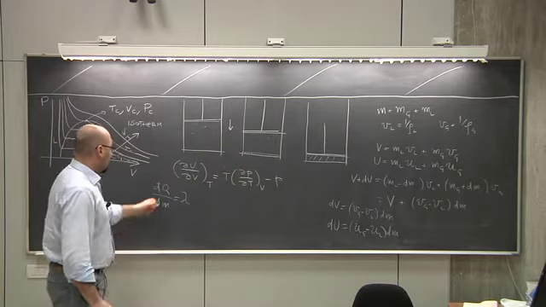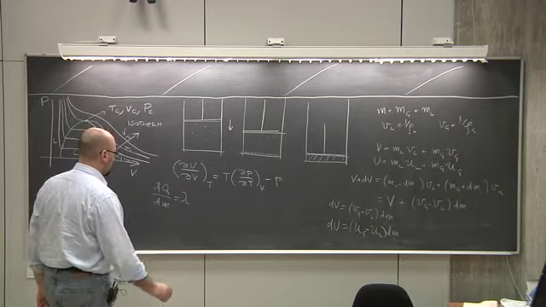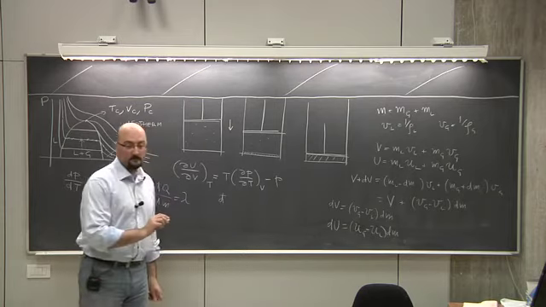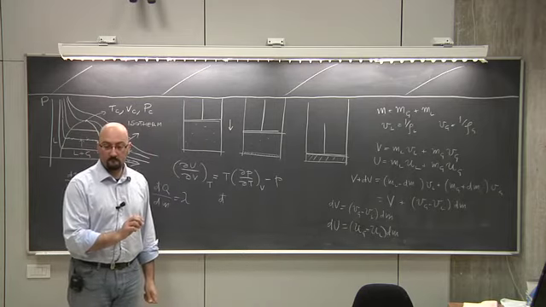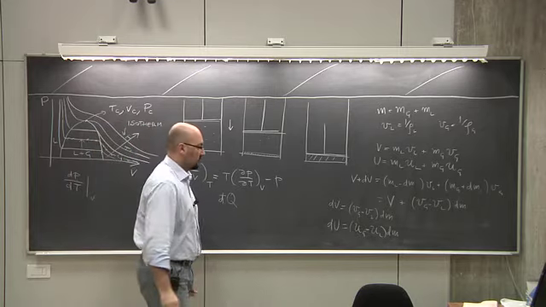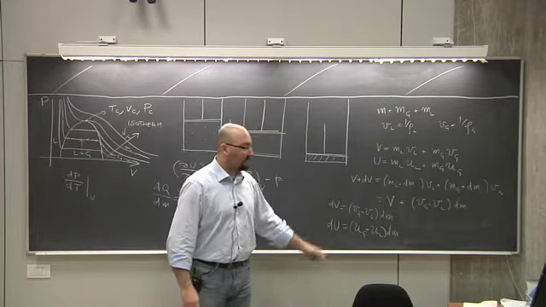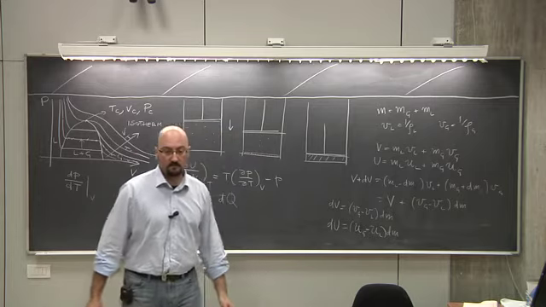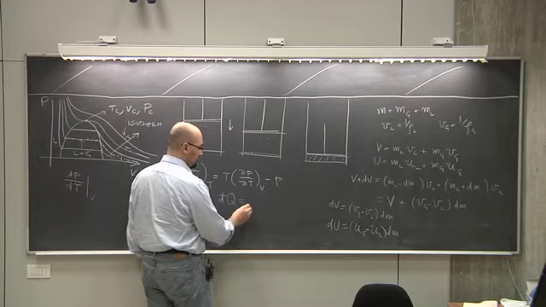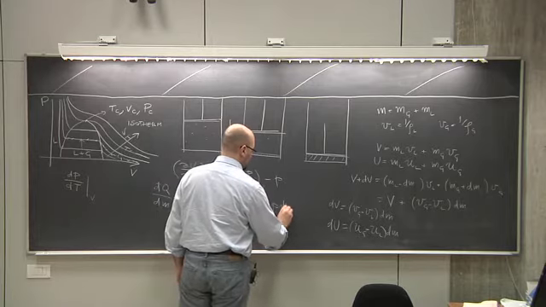Okay, so now we have to find dq, right? But dq is not difficult to find. Which equations should I use? What do you think? We have dU, we have dV. So which equations should I use? The first law, right? So dq is equal to dU plus P dV.